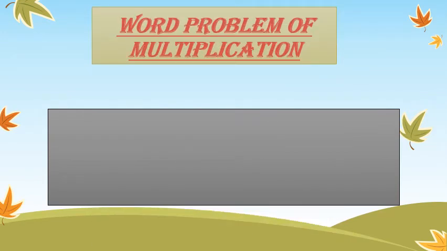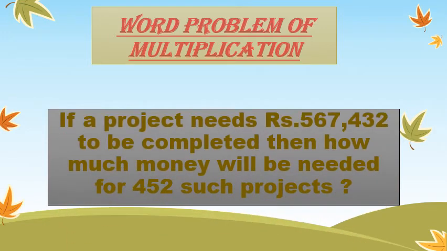Here we have a word problem of multiplication. First read thoroughly. If a project needs rupees 567,432 to be completed, then how much money will be needed for 452 such projects?